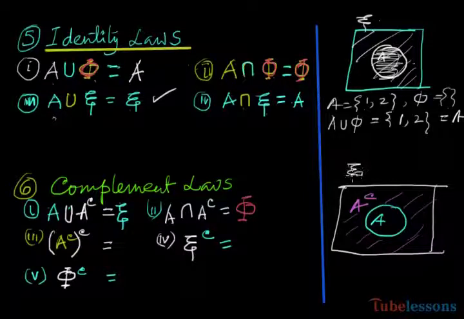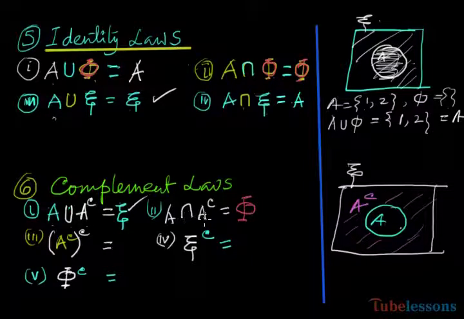This is the universal set, the rectangular box is xi, and inside the xi, A is a subset of xi, and A complement is this region which is the outside of A. Now the laws are A union A complement, that is A and the complement, so that is equals to whole universal set. So we are writing xi here.